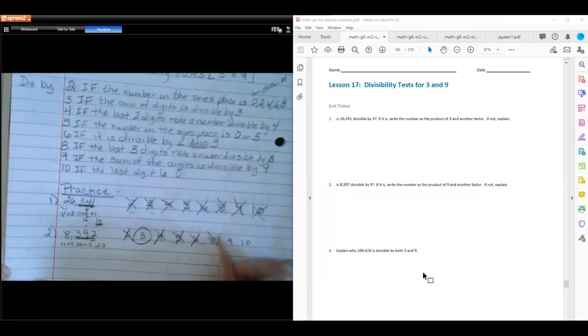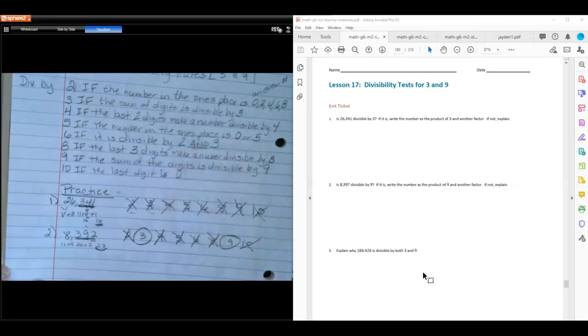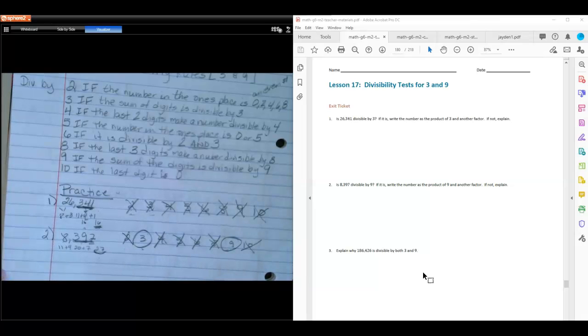Well, not evenly, so we cross that off. 9. The rule says the sum of the digits is divisible by 9. Well, 27, I can divide it by 9, so yes. And then it does not end in a 0, so it's not 10. So for this number, 8,397, we can divide by 3 and by 9.